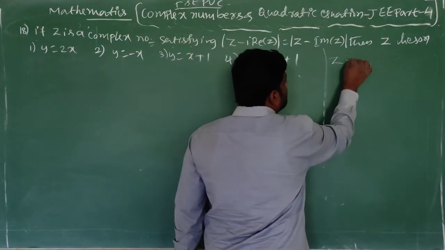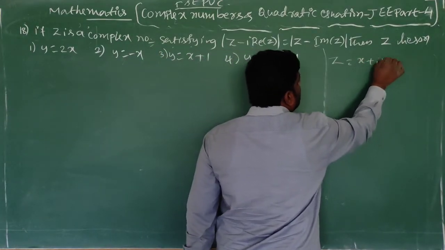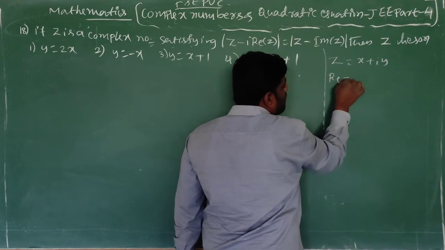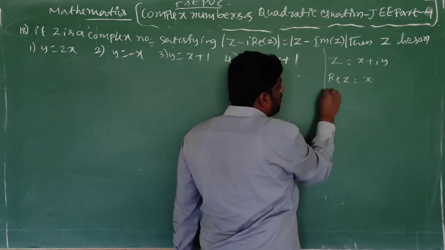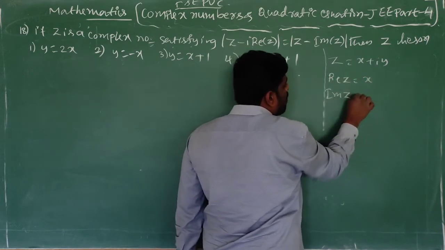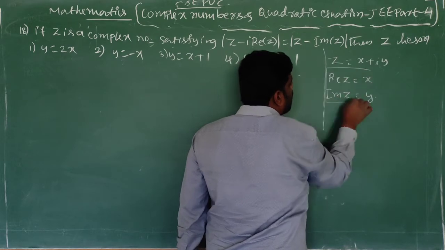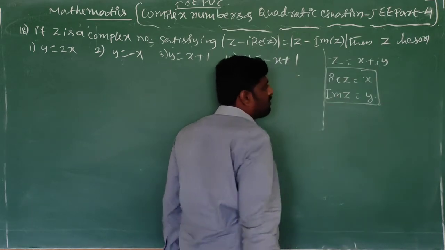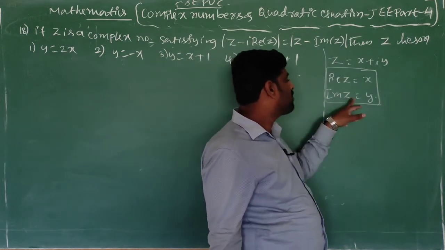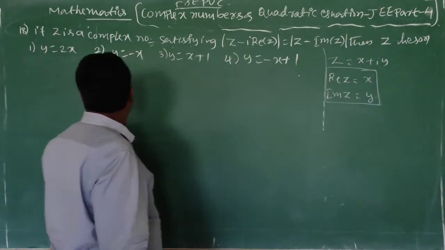Here z is equal to x plus iy, means real part of z is what? X. Imaginary part of z is what? Y.